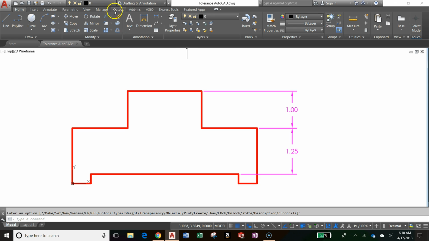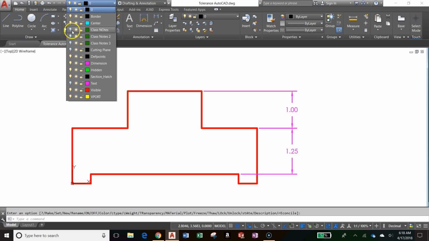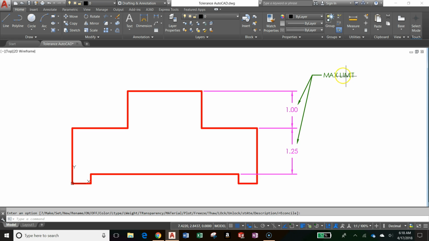So let's say that these two dimensions right here represent the maximum limit. Okay? This 1 inch is going to represent the maximum limit of this size right here.